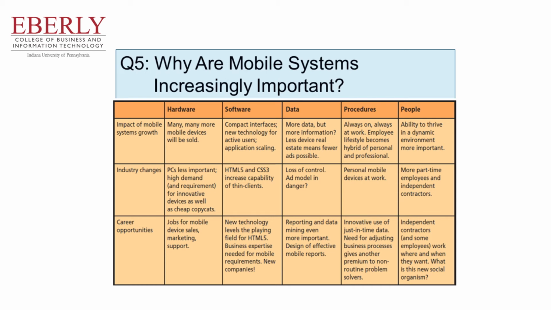People. Mobile systems change the value of our thinking. Mobile systems increase the speed of business, giving an advantage to those who can nimbly respond to changing conditions and succeed with the unexpected. With the ability to be connected and always on, organizations may find they can be just as effective with part-time employees and independent contractors.